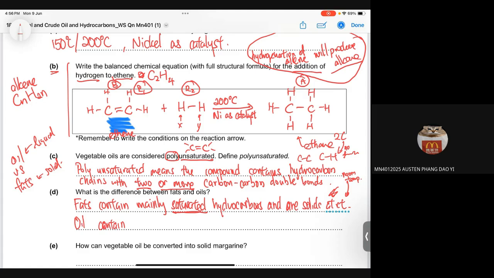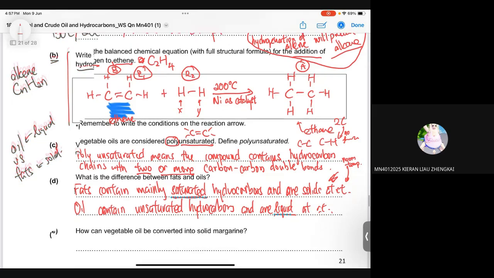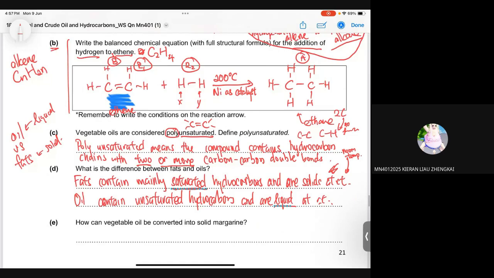Oil contains unsaturated hydrocarbons, and they are liquids at room temperature. Good. It's really to draw that contrast between fats and oil. Oil is a liquid and generally unsaturated. Fats are mainly saturated and they are solids.